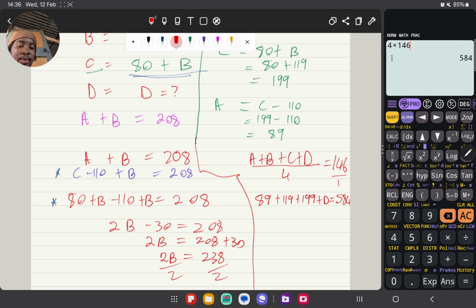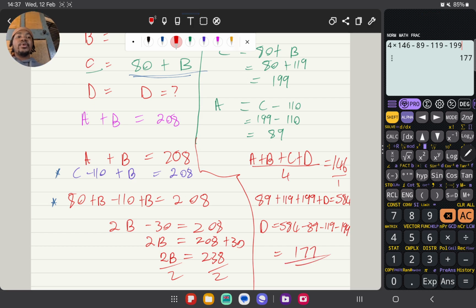So now I'm gonna say D equals 584 minus 89 minus 119 minus 199, and D is gonna be 177. So in his fourth game, he must score 177, and then bam, that's the end of this chapter.